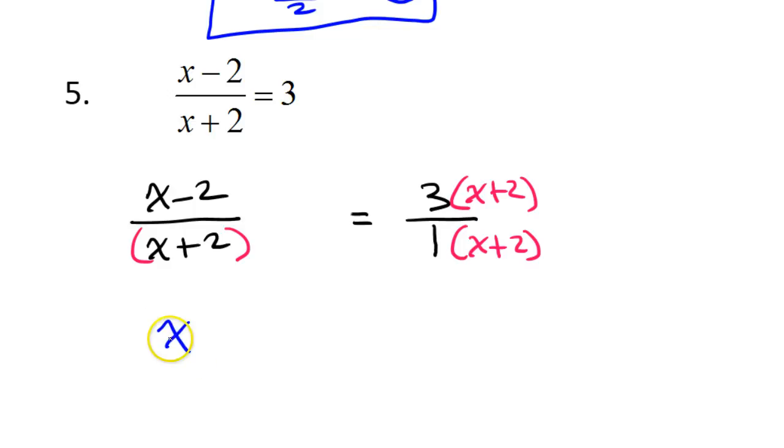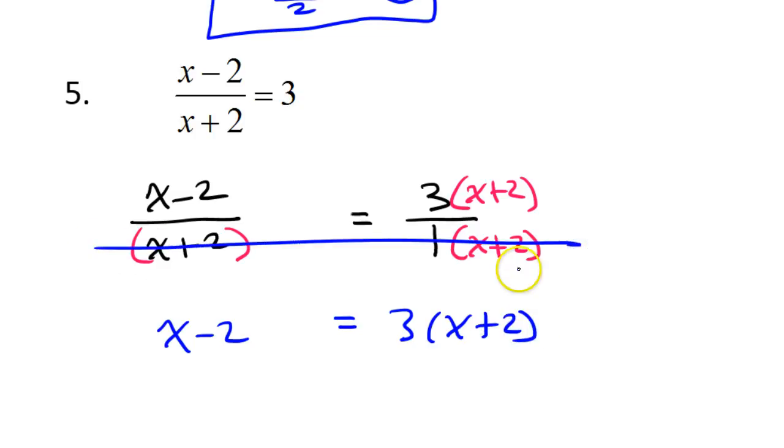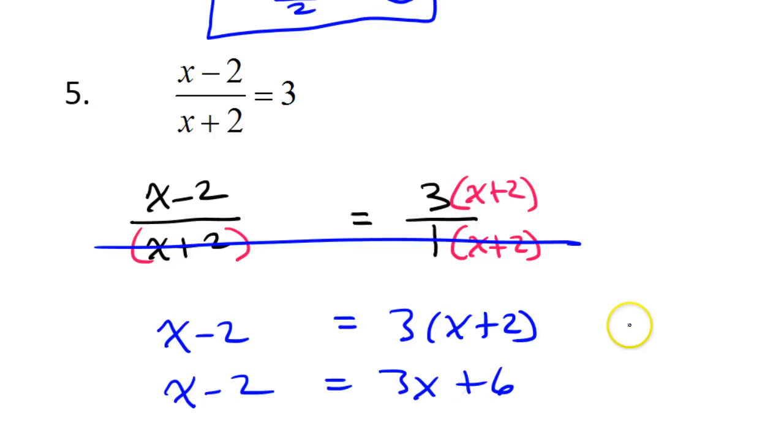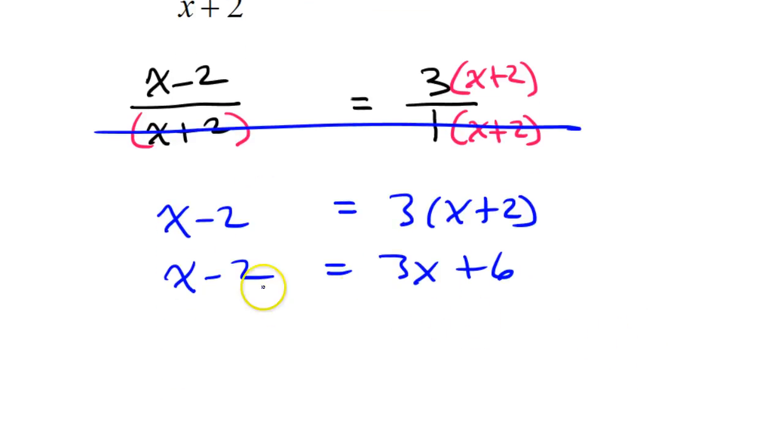So that means x minus 2 is equal to 3 times x plus 2. Alright, it's just like crossing out the denominators, the like denominators. So that's going to give me x minus 2 is equal to 3x plus 6.